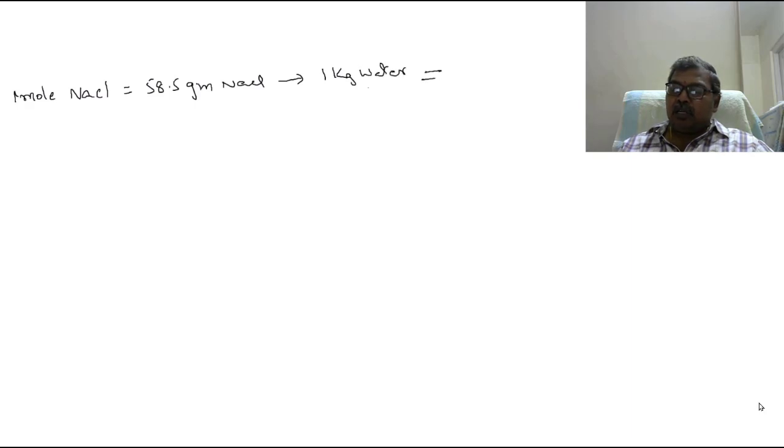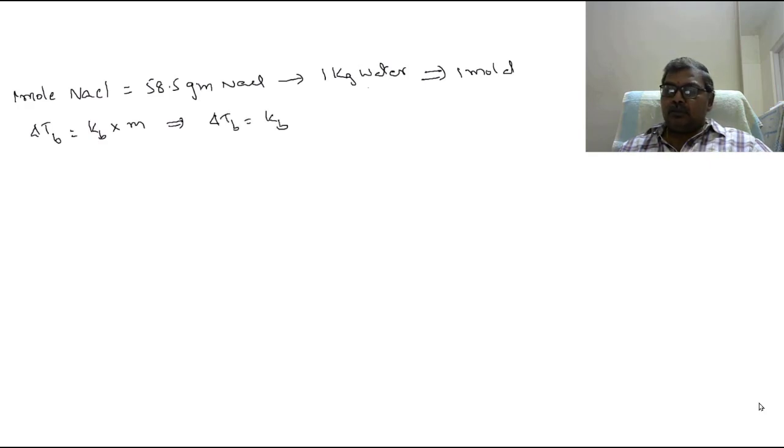Therefore, the concentration of the solution is 1 molal. Is it clear? Now, the elevation in boiling point of this solution is equal to Kb into m, so delta Tb is equal to Kb. Right?